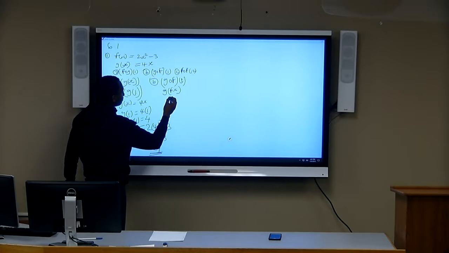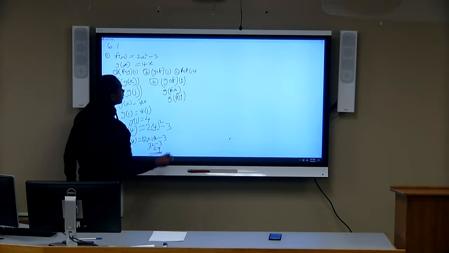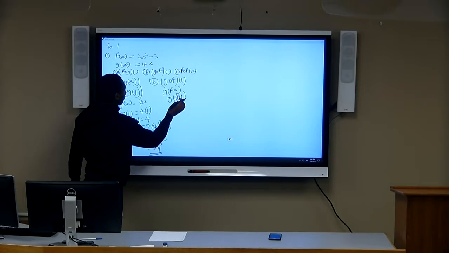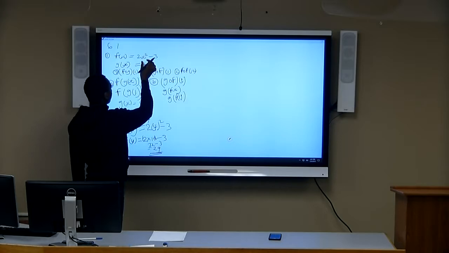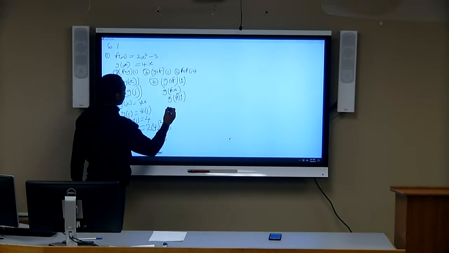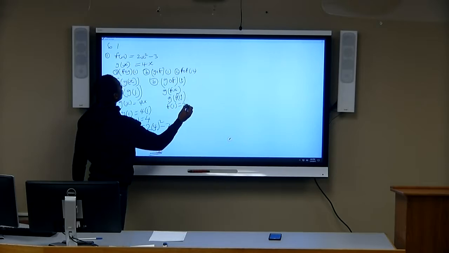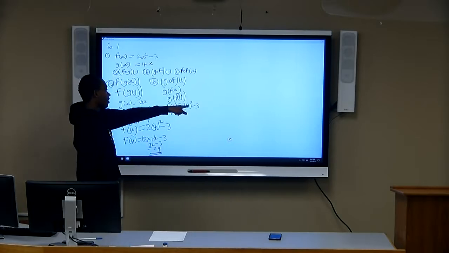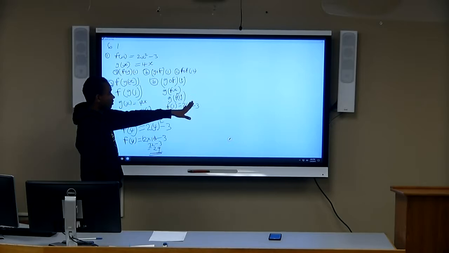So it's going to be g into f of 1. We're going to find f of 1 first and put it inside g. To find f of 1, we're given the function of f, which is 2x squared minus 3. So f of 1 is equal to 2 times 1 squared minus 3. 1 squared is 1 times 1, which is 1.